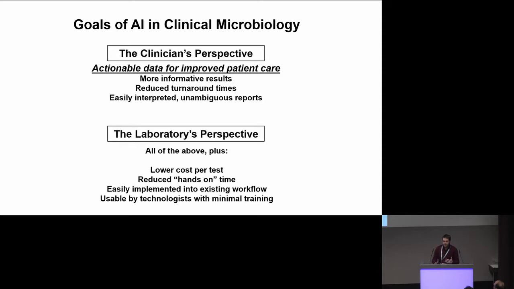The first is the clinician, who's looking for actionable data to improve the care of their patients, first and foremost. To them, this will mean more informative results, ideally with reduced turnaround times, but also reports that are easily interpreted, unambiguous, and in a language that they can understand.